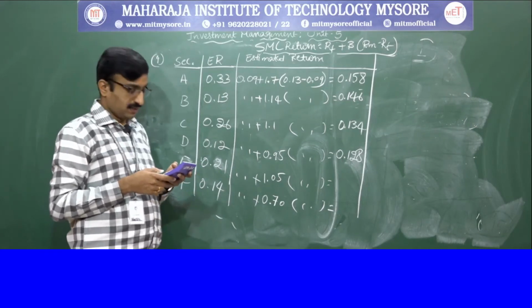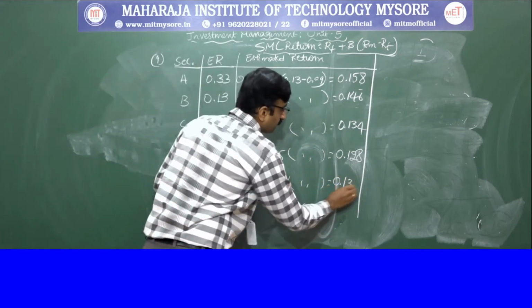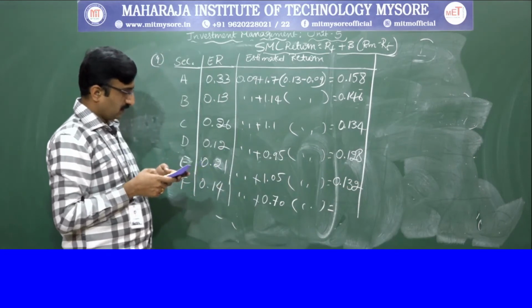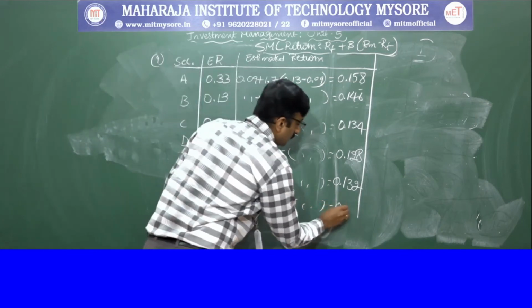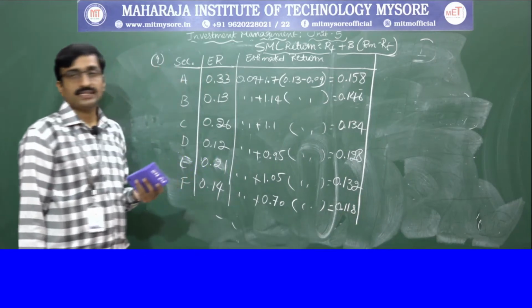Then you will get 0.132. Lastly, you will get 0.118. This is the estimated return.